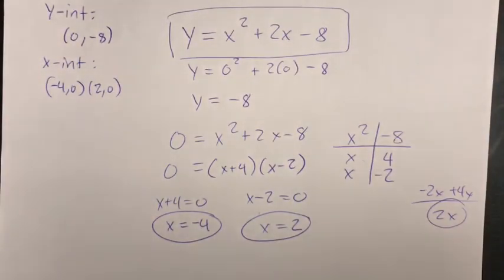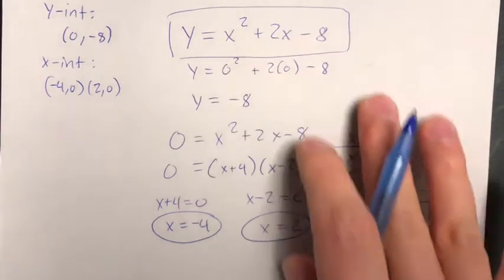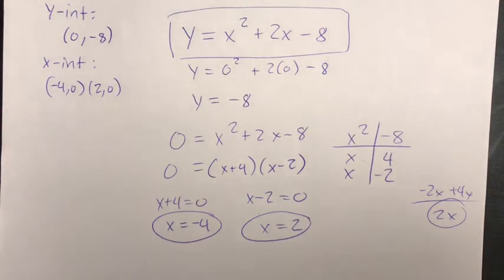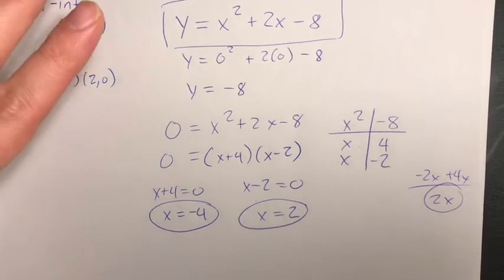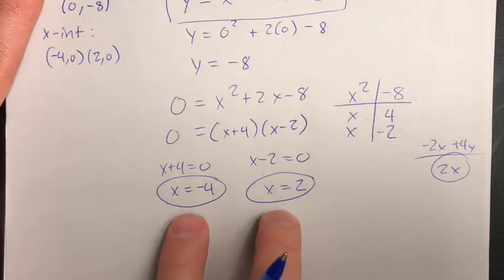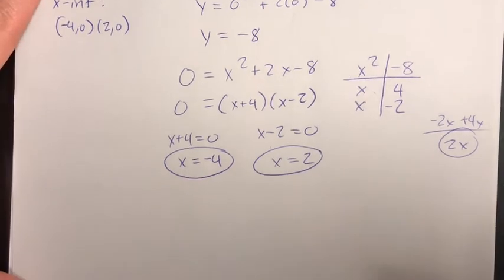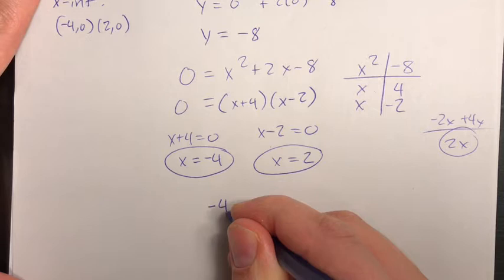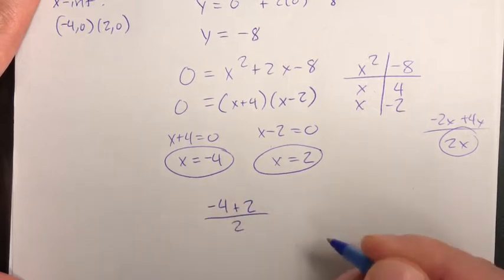Now, to get the vertex, you could go the completing the square route, but there's really no point in doing that, especially if you already have the x-intercepts. We talked about previously that you can get the vertex, or at least the x-coordinate of the vertex, by averaging the x-intercepts. So I'm going to do that right now, averaging by adding them up and dividing by 2.